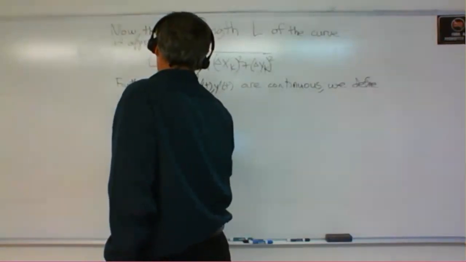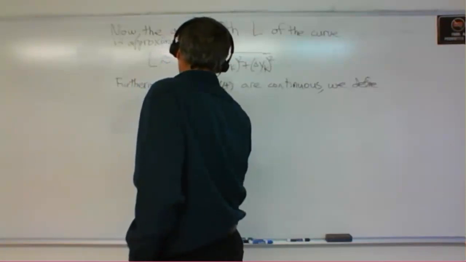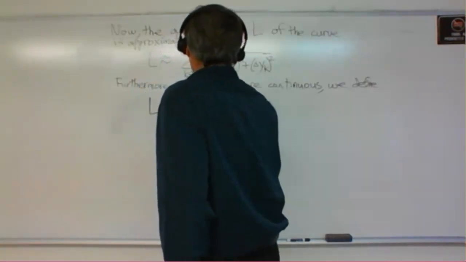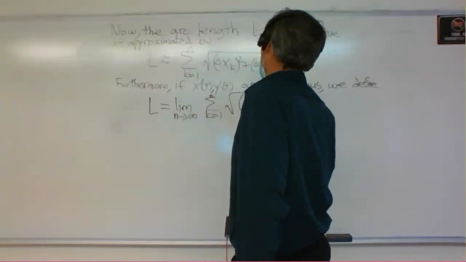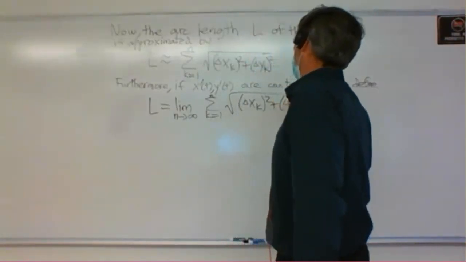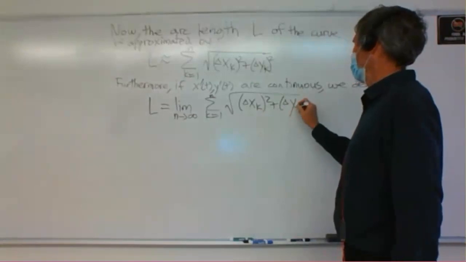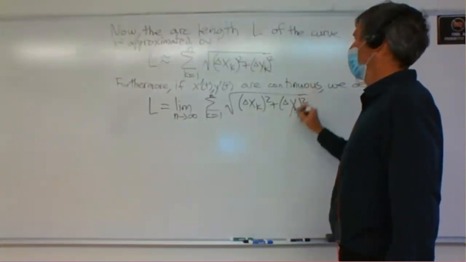Let L be the limit as n goes to infinity, sum k equals 1 to n, square root, I'm sorry this notation is so klutzy, it takes a long time to write, delta xk squared plus delta yk squared, where these are the increments in x and y on the kth subinterval, right?